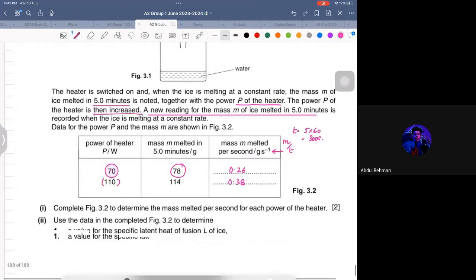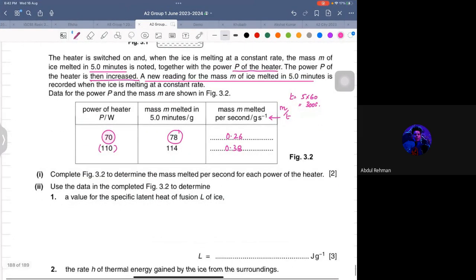Now let's go forward. It says complete the data. We've already done this, so that's good. Use the data in the figure to determine the value of specific latent heat of fusion of ice. Now I need to create that equation. What is that equation?